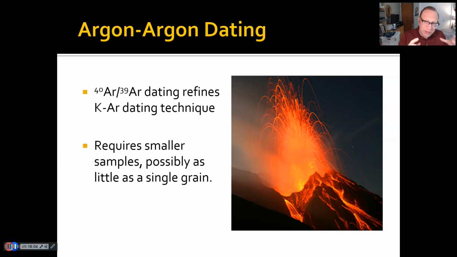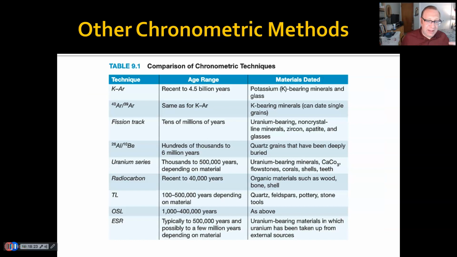So the important idea here is every radiometric dating technique requires some sort of zero point for the clock, some sort of starting point for the process in order for us to use the radioactive decay as a clock. This is the chart. There are a whole bunch of other techniques as well. I'm not expecting you to memorize all of these, but be aware of them.